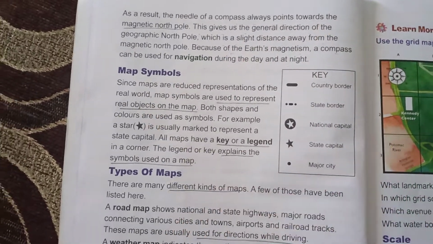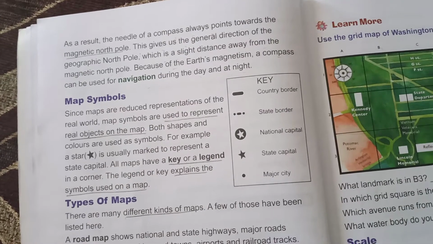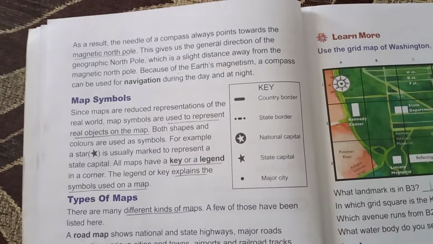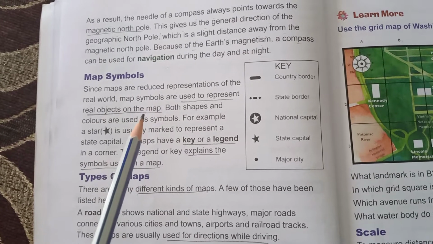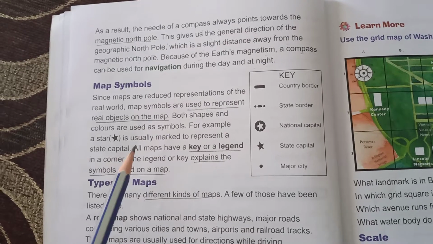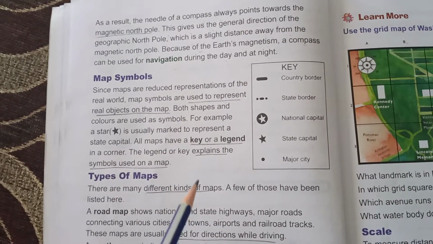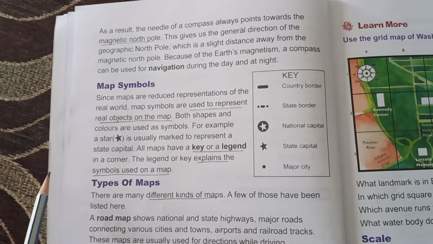Then come the map symbols. Map symbols are the symbols that are used to represent real objects on the map. Both shapes and colors are used as symbols. Like we use a star to represent a state capital.